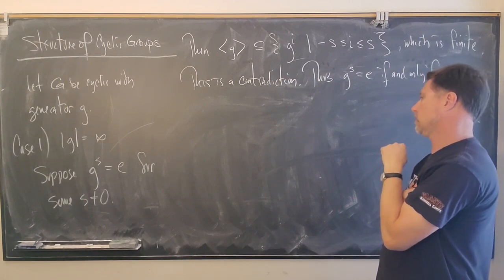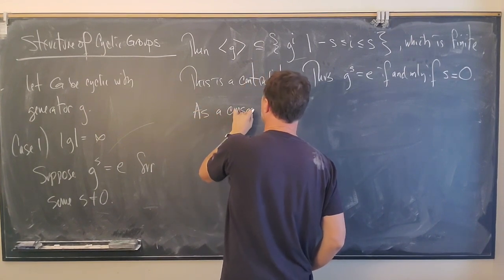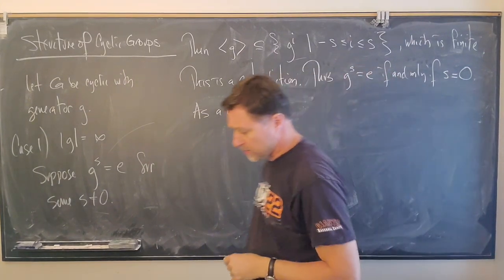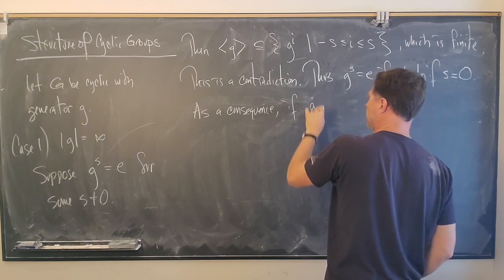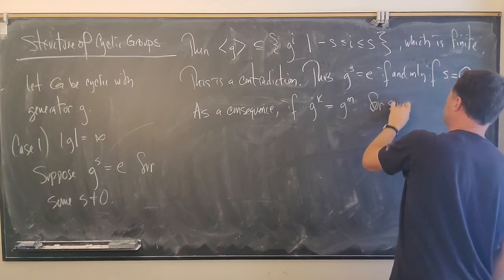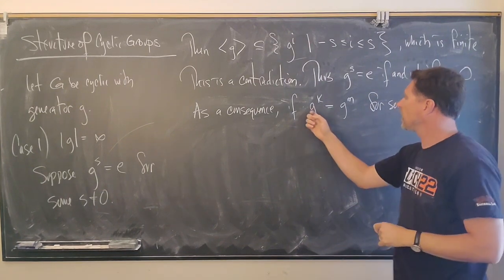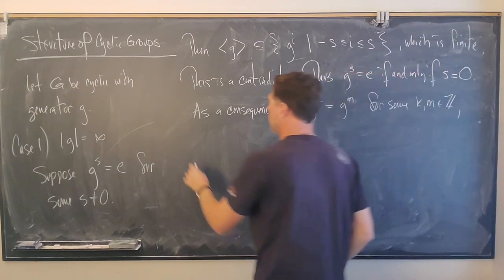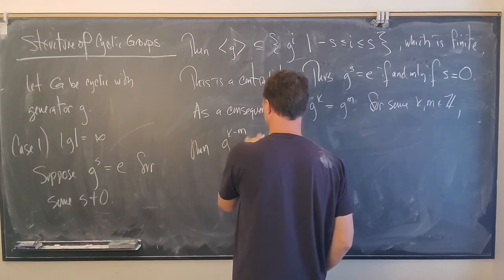Now, as a consequence, and this is really what we're getting at, if g to the k is equal to g to the m for some k and m in Z, so suppose that we have a couple of powers of g equal to each other, then by multiplying by inverses, what we would get is g to the k minus m equals the identity.